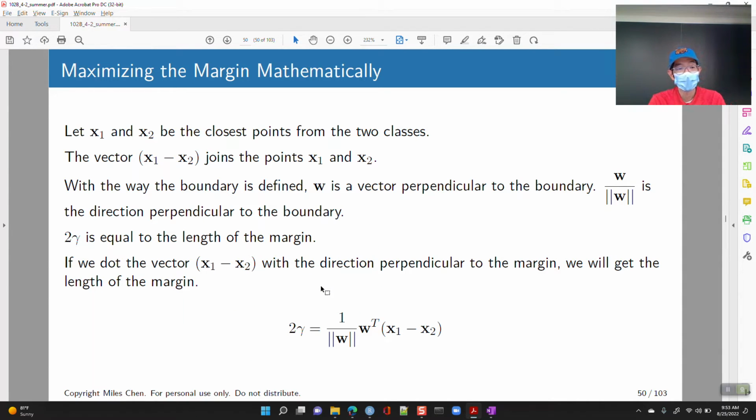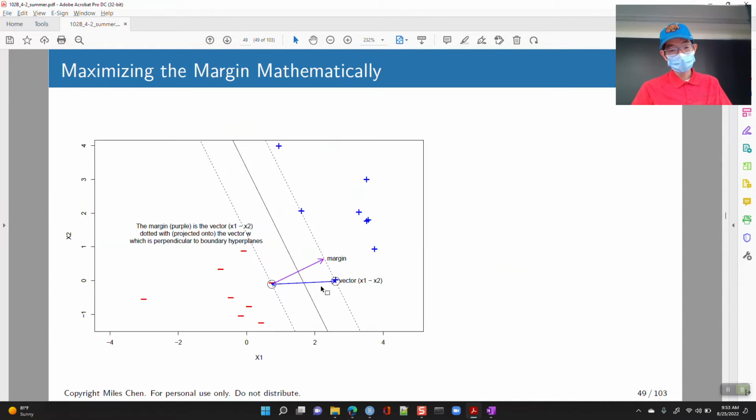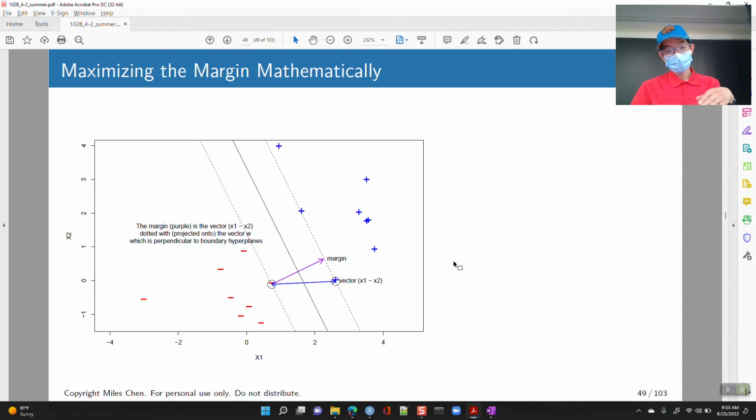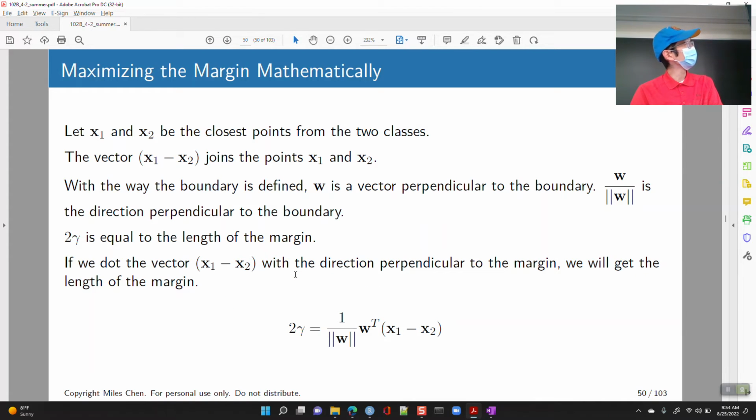The vector x1 minus x2 is basically this blue vector. This is the vector that joins the 2 points that separate the plane. If W is a vector perpendicular to the boundary, then W divided by the norm of W is going to be the direction. And we want to know the direction of this purple vector, right?